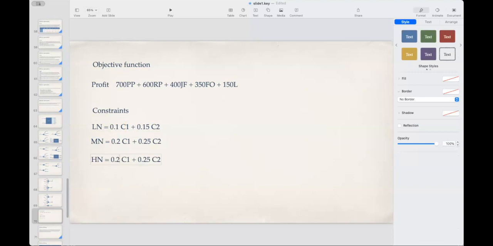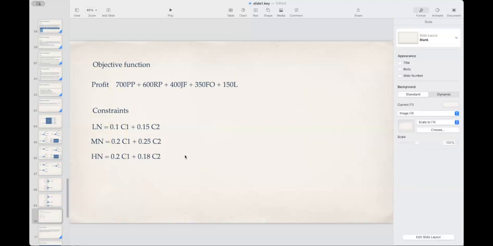Again, slowly. 0.2 C1, the same as Mn. And what else? 0.18 C2. Okay, agree?